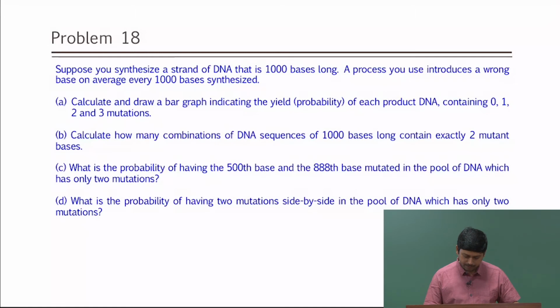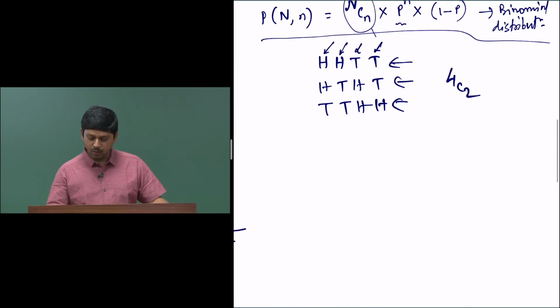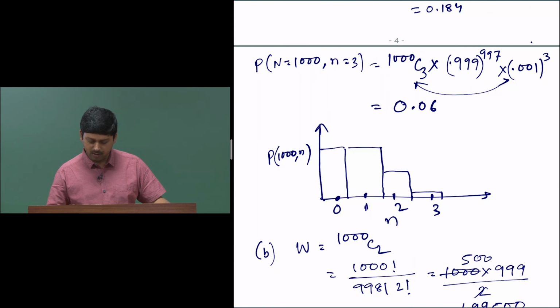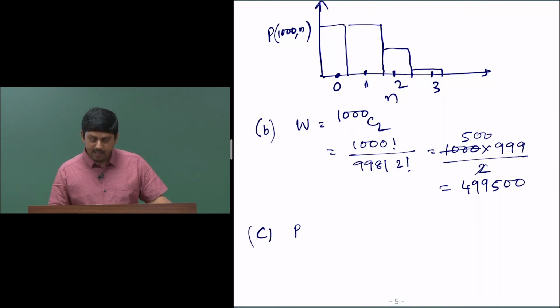Now, the next question. What is the probability of having the 500th base and 80th base mutated in the pool of DNA which has only 2 mutations? So, it is specifying the mutations exactly in the right place. We have seen the probability that there are any 2 mutations, which means when p is 1/1000 and n is 2, then it is approximately 0.18.